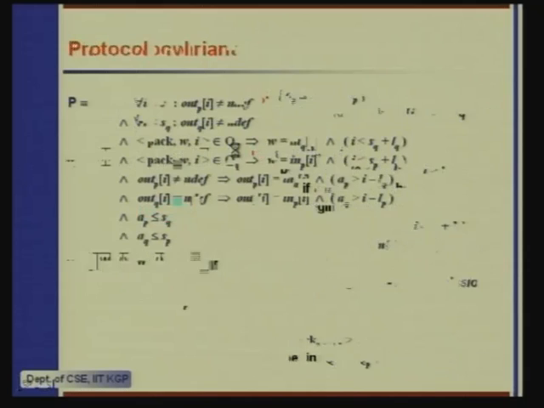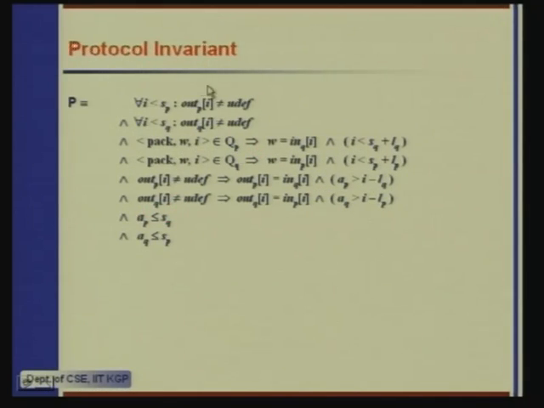All I am trying to say here is that we are trying to show that for all i less than SP, outP[i] is not undefined. And we are showing that this invariant, if it holds before any of those actions, will also hold after the action. Now, those actions which do not change SP and do not change outP are not going to affect the invariant. So, we rule out sending and LP.